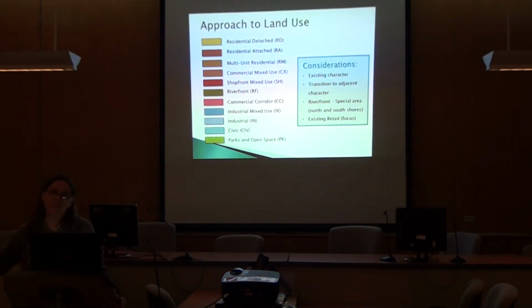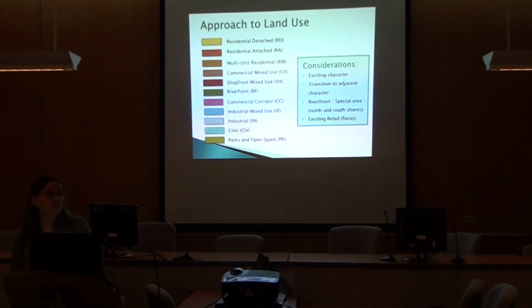We've also looked at what's happening nearby. Sometimes we'll have a single-family house right next to an industrial zone. And we're thinking, maybe we need a little more gradual transition between those uses. So we've taken all that into account. Again, the riverfront. It's kind of a special area.